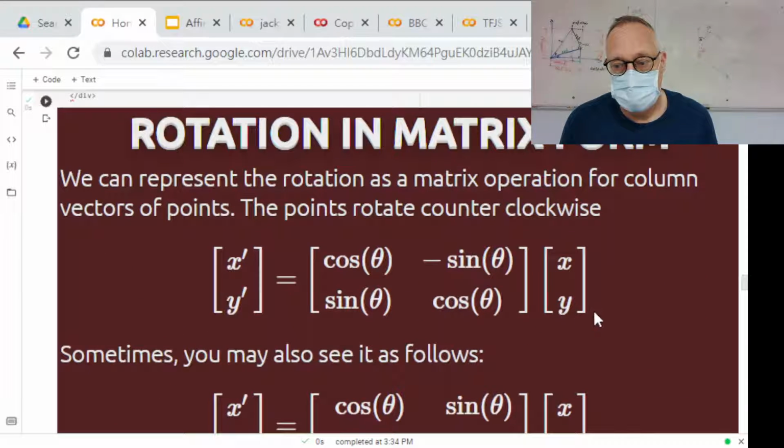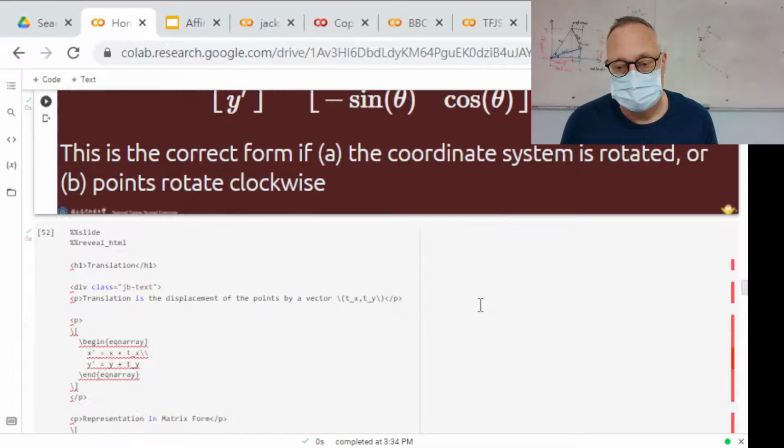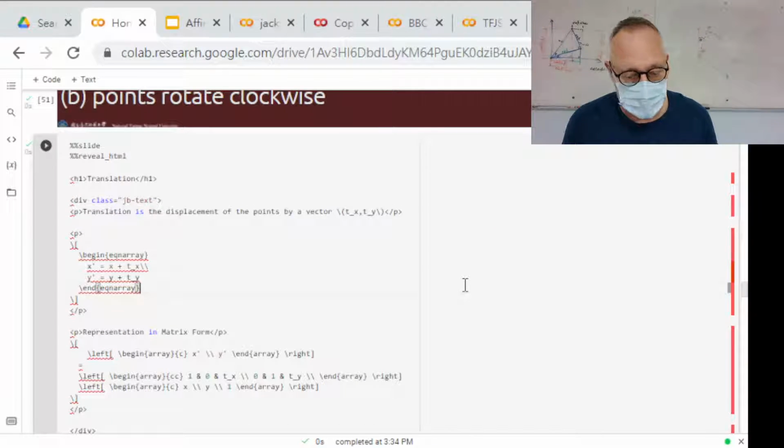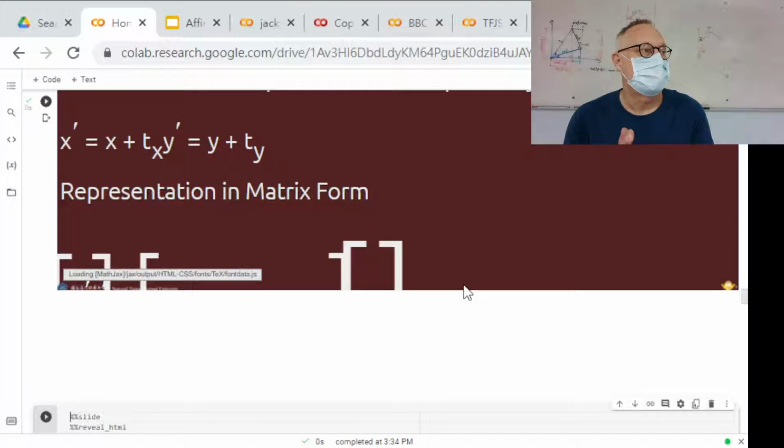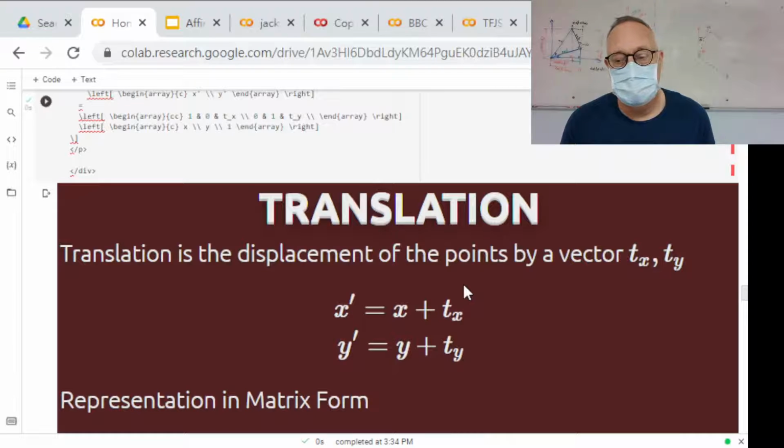So if you look for the rotation matrix, this is the most common form most of the time. If you Google it, most of the results are going to look like this. So now if we want to do a translation by a vector, and we want to represent this in matrix form, then we have a problem, because I basically need a constant here, tx and ty.